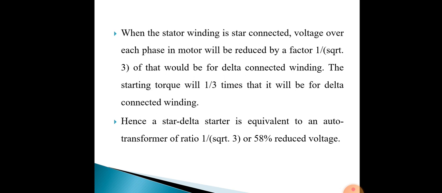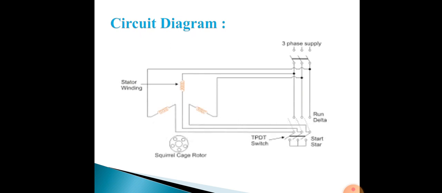When the motor speed reaches 70 to 80 percent of the normal value, the switch can be changed to the run position. This is the diagram of the star delta starter.